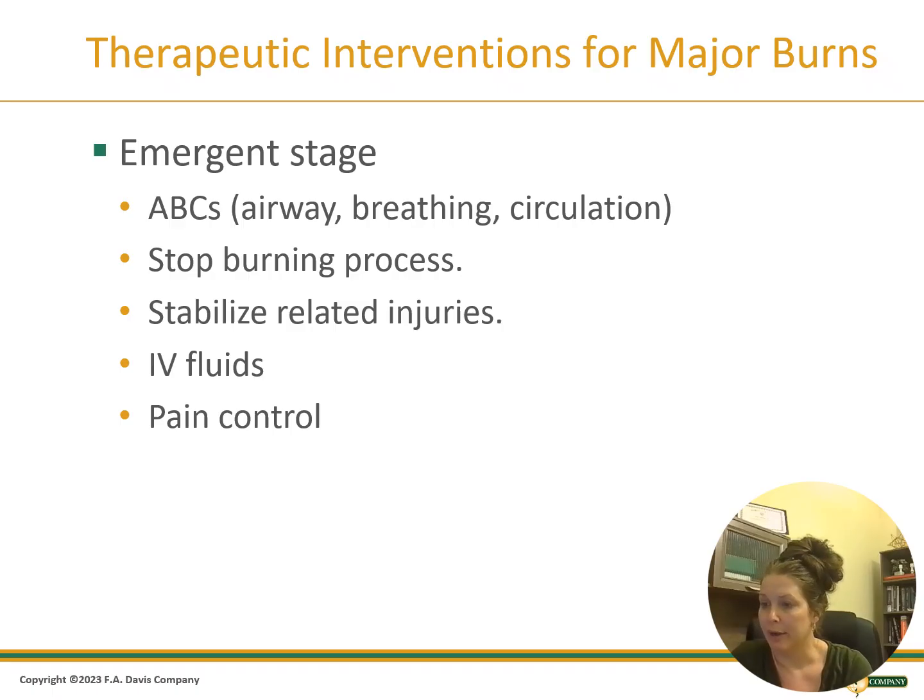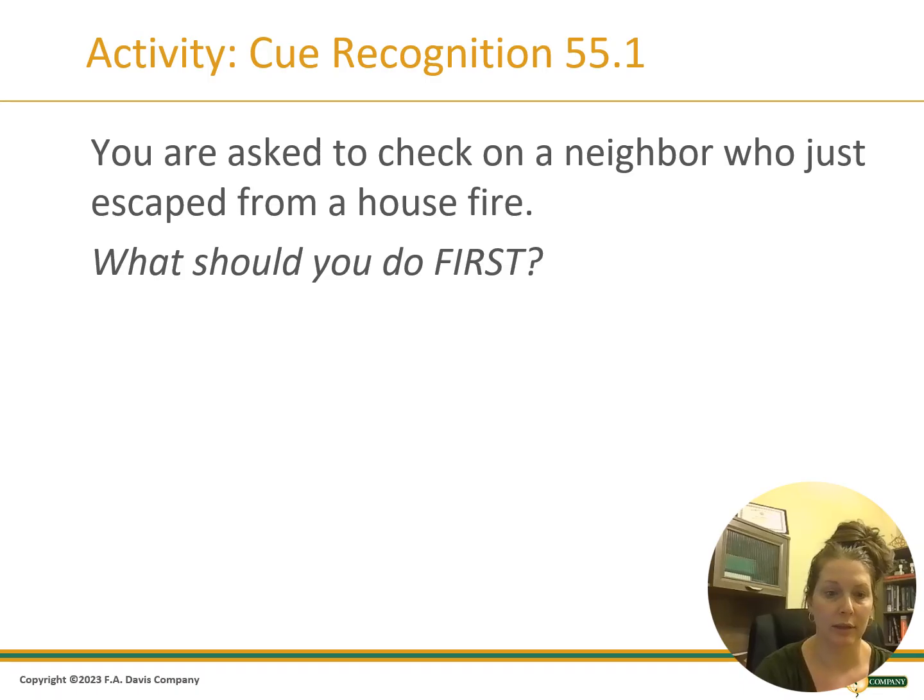We want to, of course, stop the burning process if that is still in process. Stabilize any related injuries. Our IV fluids, we are going to look at that with that Parkland formula. So looking at the body surface area and finding the percentage of what is burned, and then also control pain if needed.